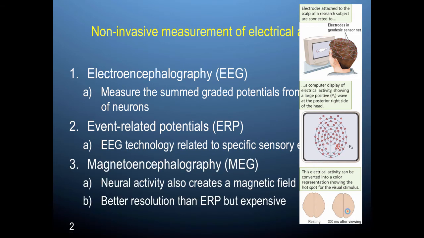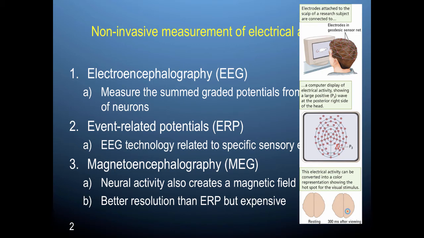And then you have magnetoencephalography. This is MEG. Similar to how neural activity creates an electrical field, consistent neural activity can also create a magnetic field. A magnetic field is basically electrical charges in a single direction. Neurons tend to line up in cortical gray matter and be in a particular direction.